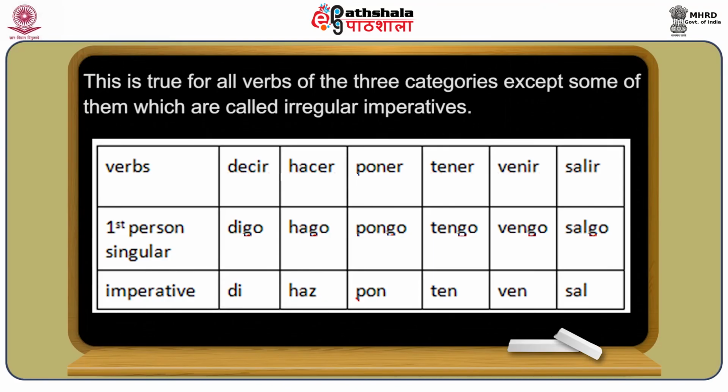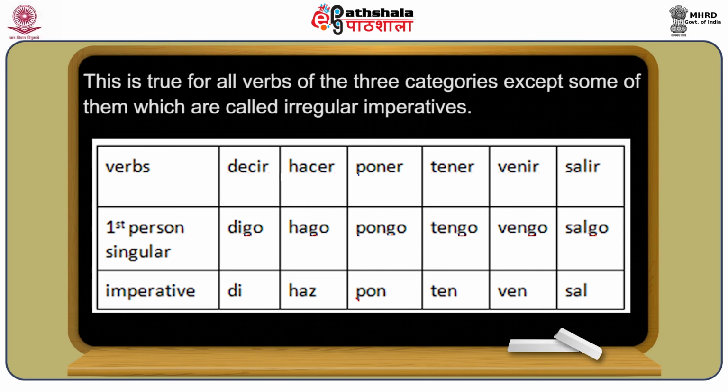Now this is true for all verbs of the three categories except some of them, which are called irregular imperatives. They mostly pertain to the group of yo-go verbs, that is verbs whose first person singular form ends in go. They lose their go and thus become imperative, except for the verb hacer.